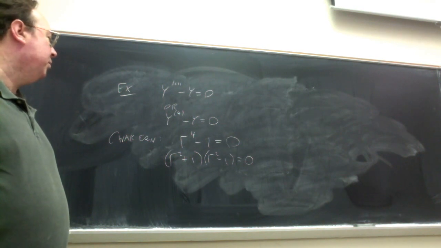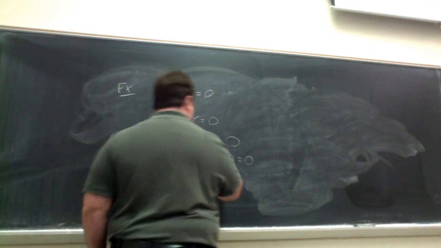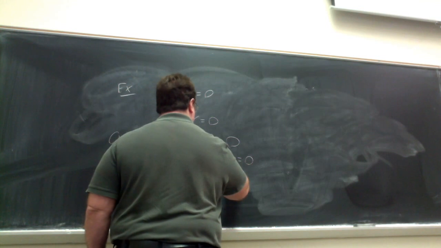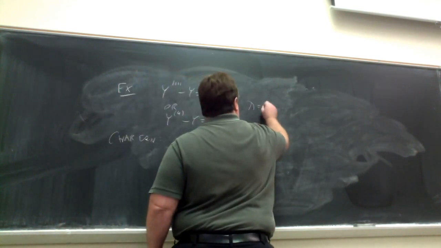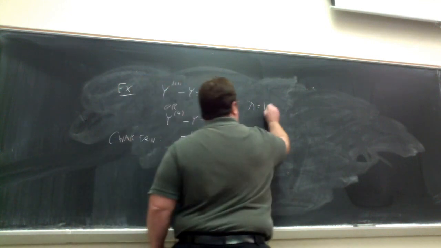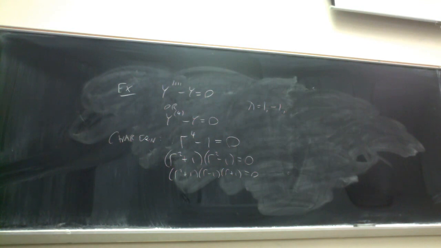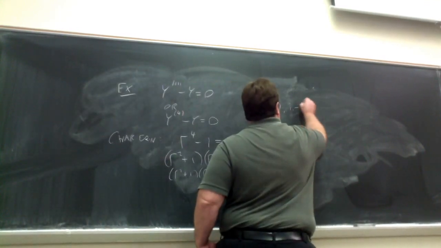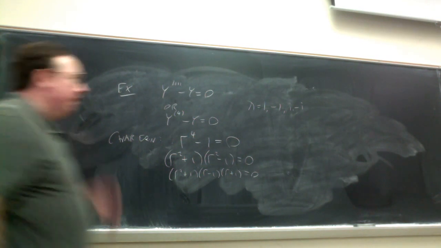We can factor a little more: r minus 1, r plus 1. So for our roots, we have 1 and minus 1 so far. What are the other two? Plus minus i. So we have our four roots that lead to our four solutions.